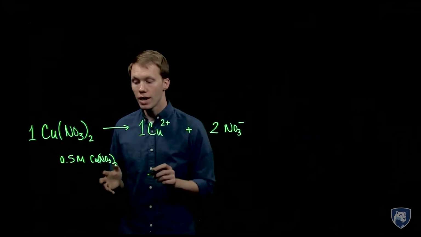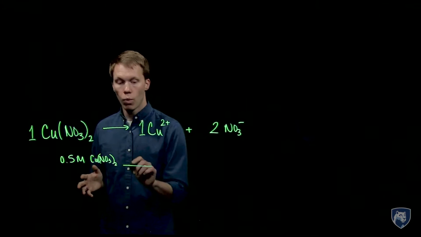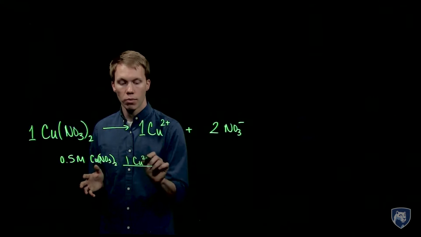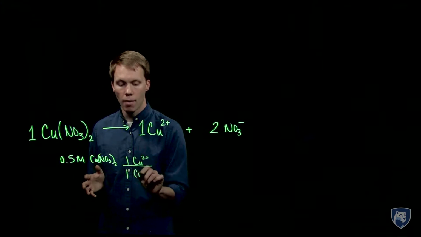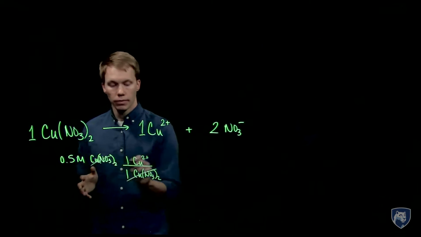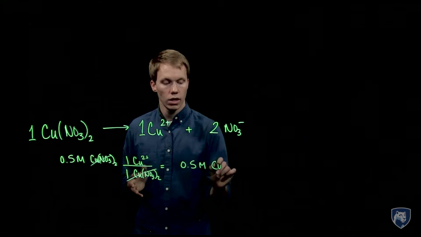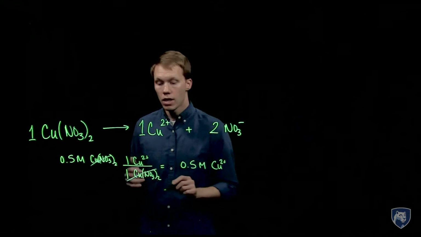So the concentration of copper ions, there's one copper ion produced for every one copper nitrate unit. So I will have a concentration of 0.5 molar copper ions.